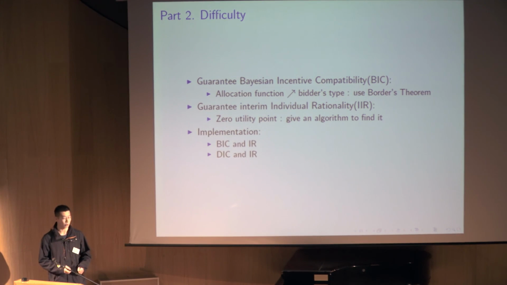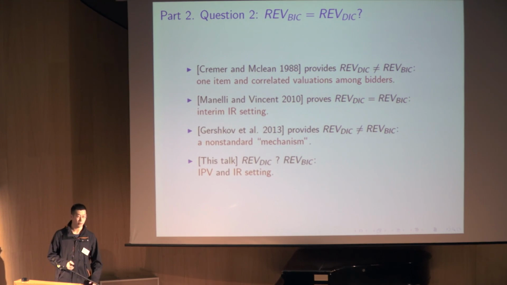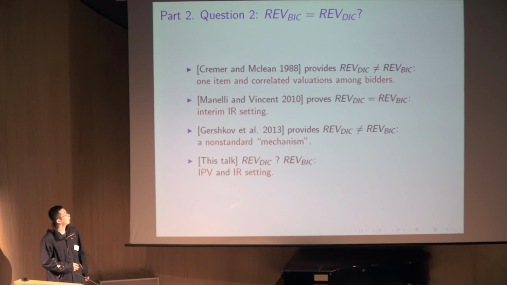we consider whether we can implement it under some other constraints, for example, BIC and IR constraints, or DIC and IR constraints. And this induces the second question. Do these mechanisms share the same optimal revenue? Here are some related works.